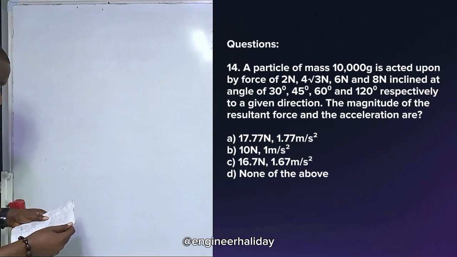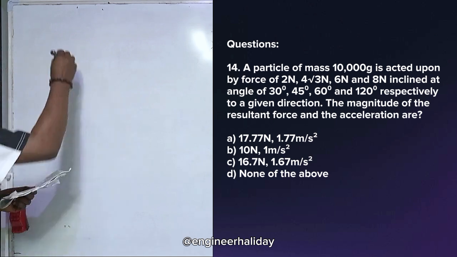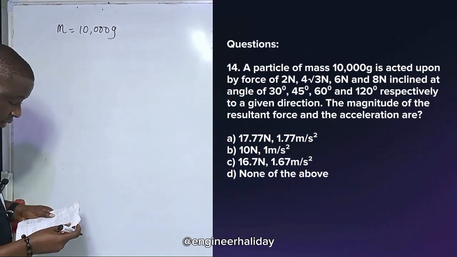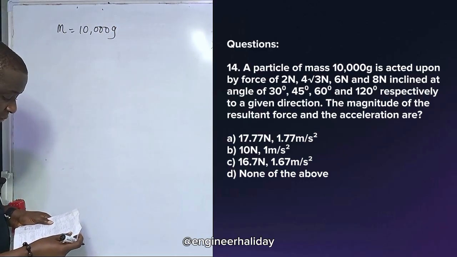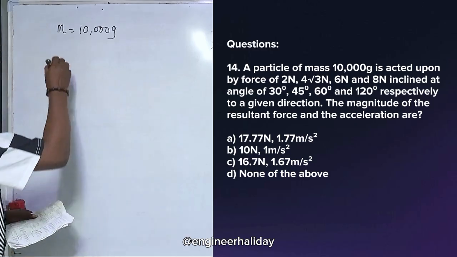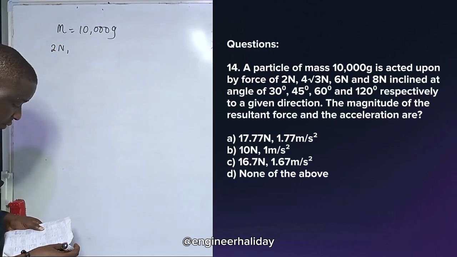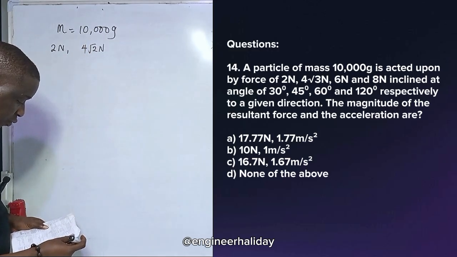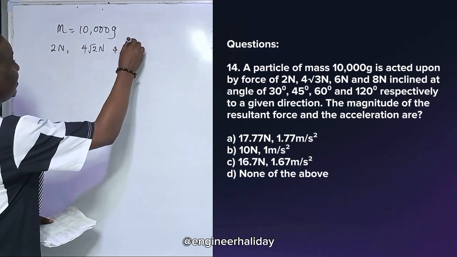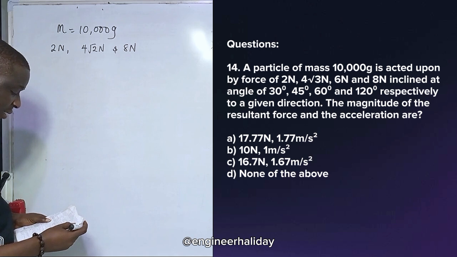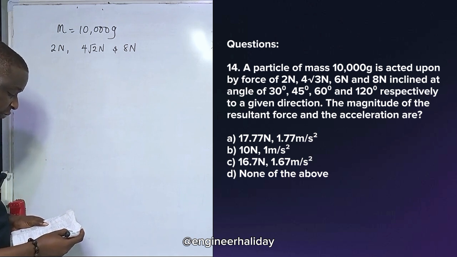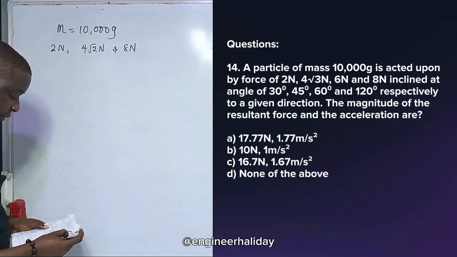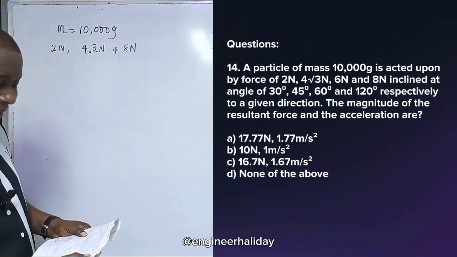Now it says a particle of mass 10,000 gram is acted upon by a force of 2 Newton and 4 root 2 Newton and 8 Newton, inclined at 30 degree, 45 degree, 60 degree, and 120 degree respectively.